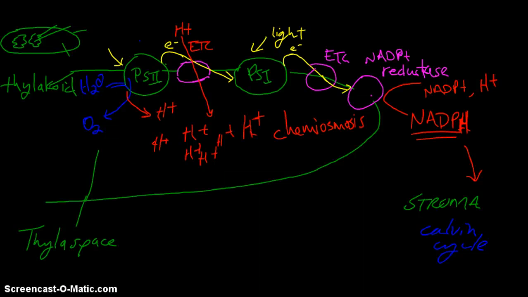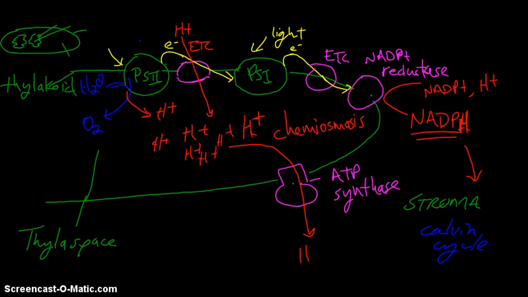Now, remember back from the cellular respiration chapter, there is an important protein in this membrane. It's called ATP synthase. This protein allows hydrogen ions to pass through.